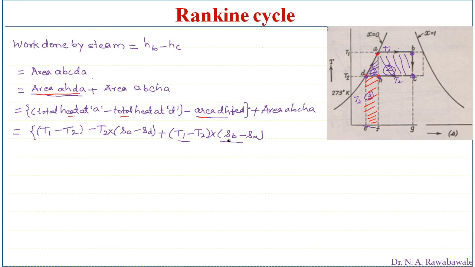So on further simplification, we can write this as T1 minus T2 minus T2 into SA. This SA is nothing but entropy at point A. Entropy at point A can be given in terms of temperature, that is log T1.